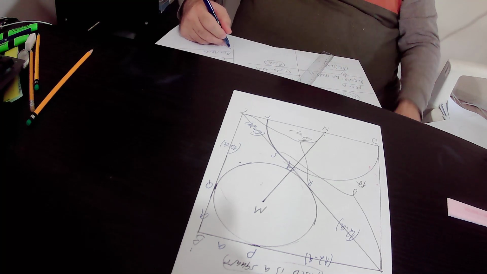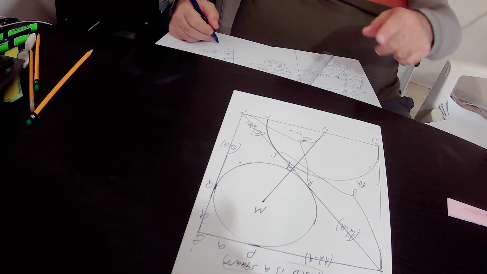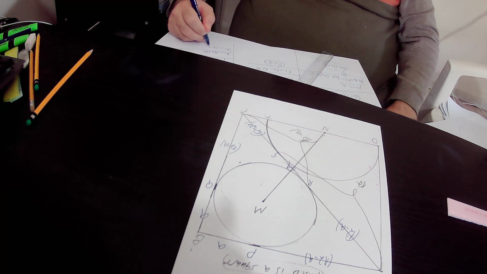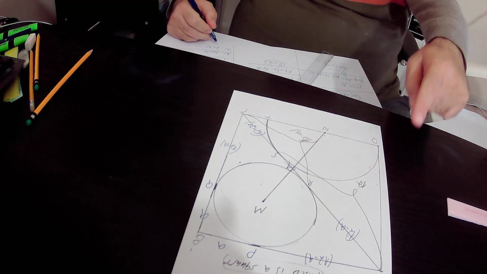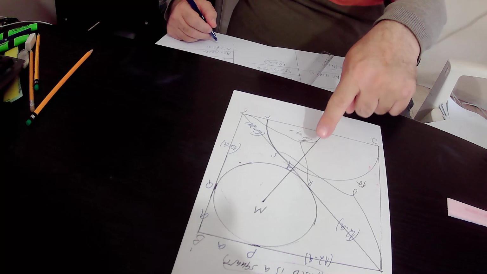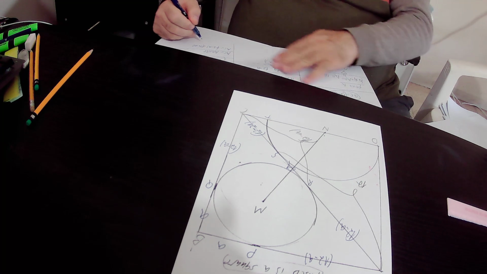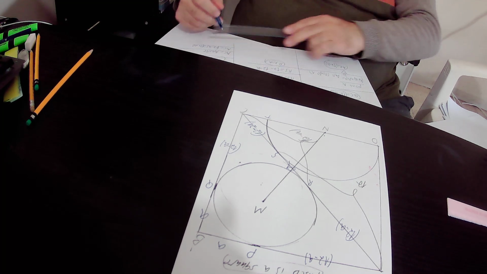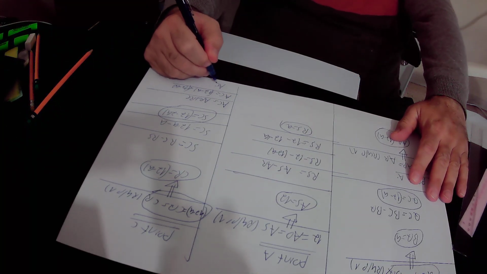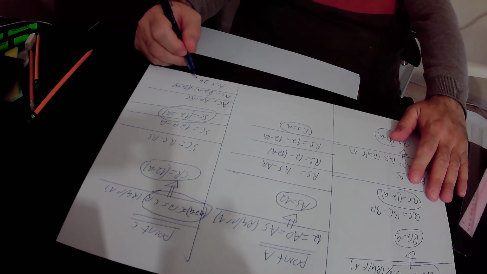So the length of diagonal AC will be equal to AR, that is 12 minus A, plus RC, that is also 12 minus A. And here the length of line segment AC is equal to 12 plus 12 is 24, minus A minus A is minus 2A.